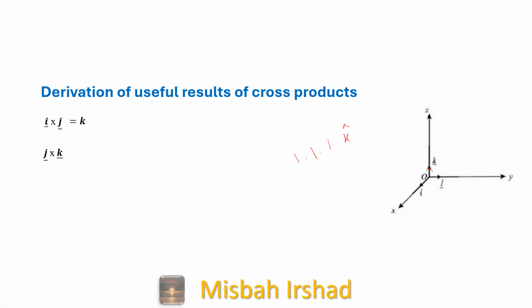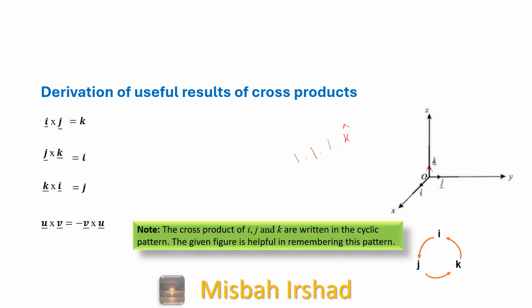Similarly, j cross k is equal to i. k cross i is equal to j. And this is the positive orientation i, j, k. So if you are required to find i cross k, then this is equal to negative j.